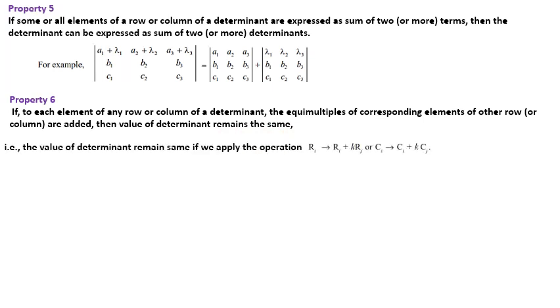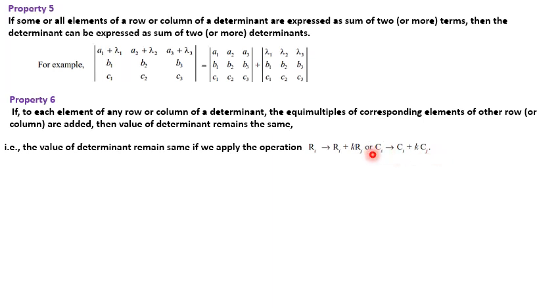Explanation through an example: the value of the determinant remains the same if we apply the operation Ri changes to Ri plus equimultiples, that is k into Rj. So the Rj-th row multiplied with k and added to Ri means the value of the determinant remains the same.